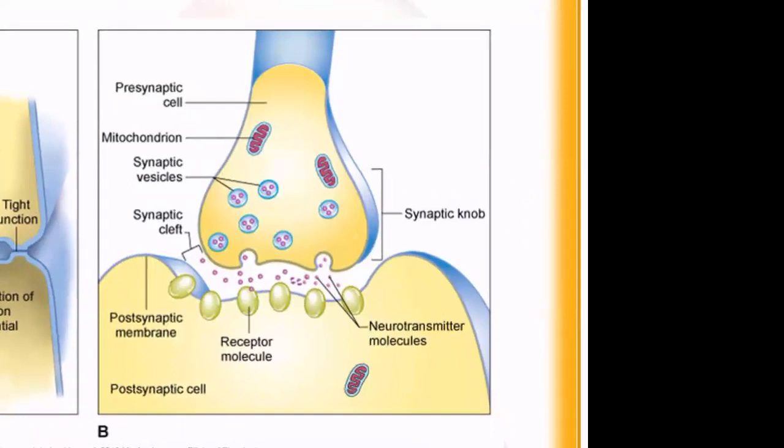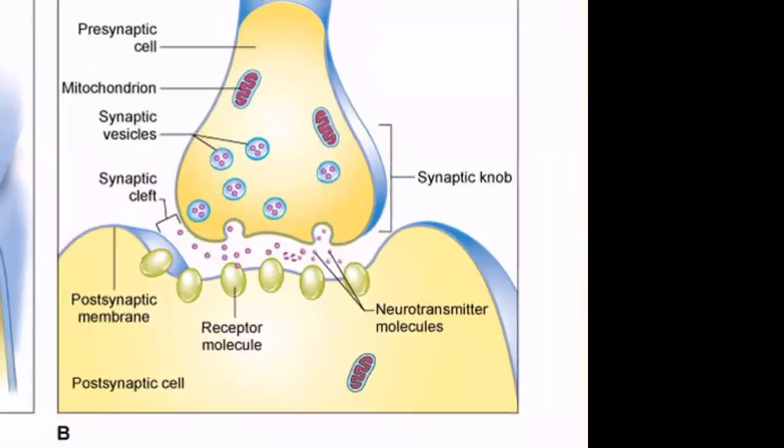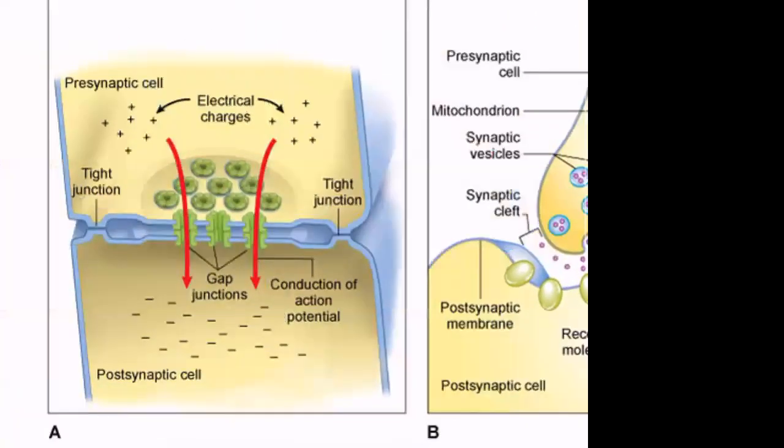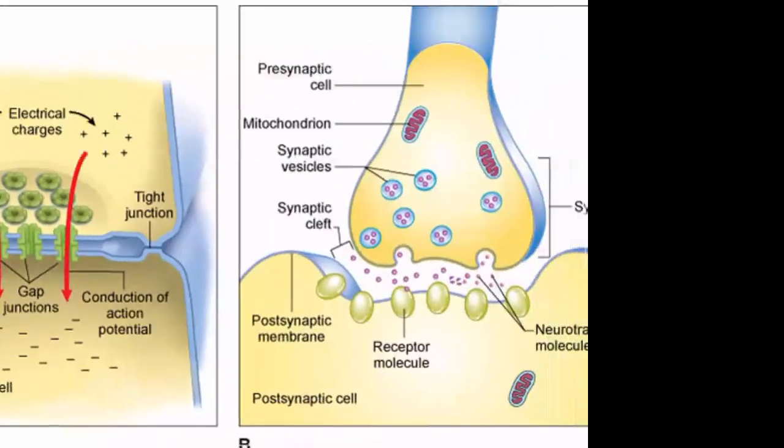When you think of a synapse, there's going to be the end of one neuron, and then there's going to be either another neuron or a muscle cell or something here, and there's going to be that space in between. Now, the first one just relies on the electrical current going through. So we have an electrical message going directly from one cell into the next cell.